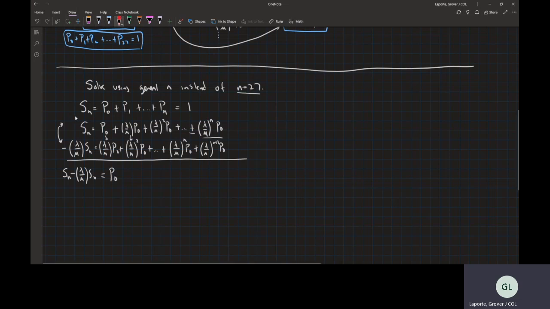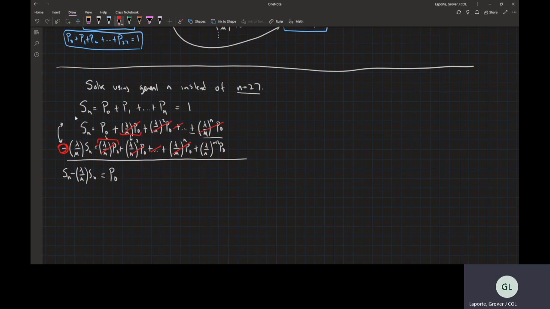But then, after that, this one cancels with this one. And why does it cancel? Because that's a minus sign right here. So remember, these are all negatives. So that one cancels with that one. This one cancels with this one, and so on and so forth, all the way till we get to this guy.